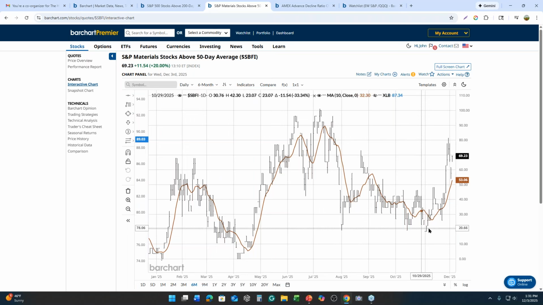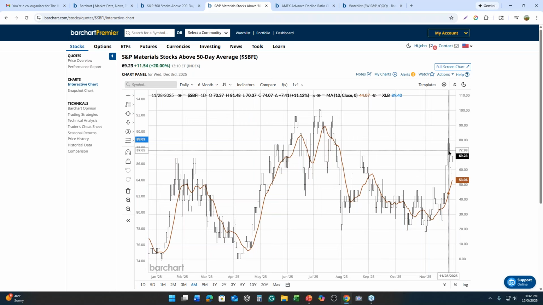Now we've been in the 30s for a while, a lot of negative breadth, which would probably translate to a downtrend. But what have we got in the last couple days? Literally in the last 5 days, a thrust of breadth from the 30 cluster above the 50 to above the 70, a very bullish indication.